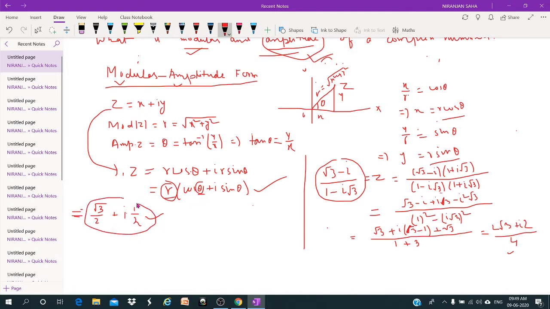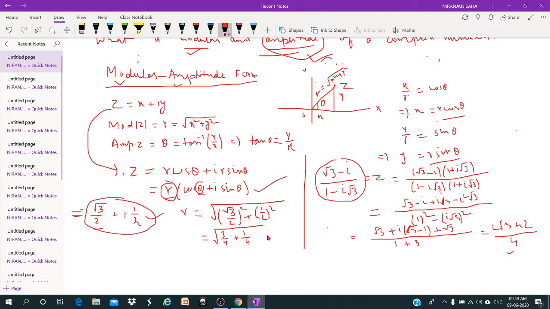What will be the modulus r? r is equal to the root of x² + y², where x is √3/2 and y is 1/2. So r equals the root of 3/4 plus 1/4.